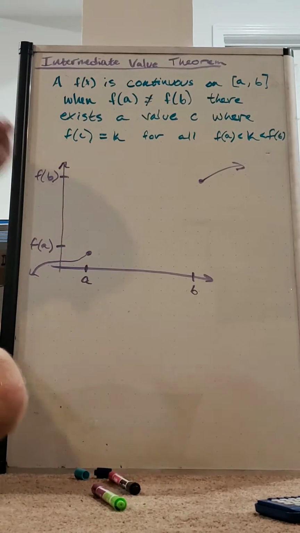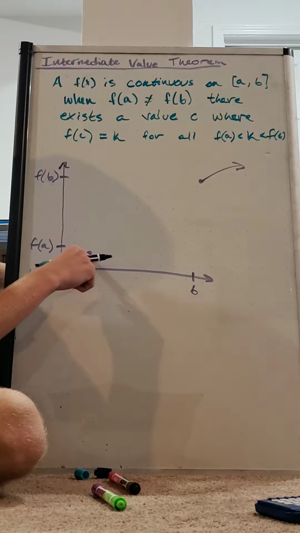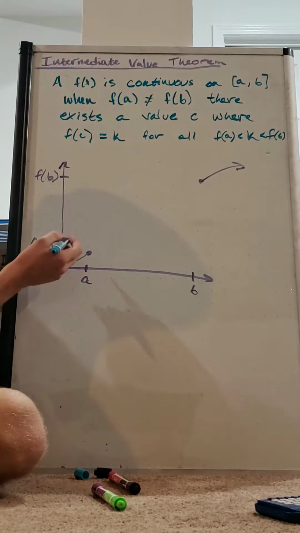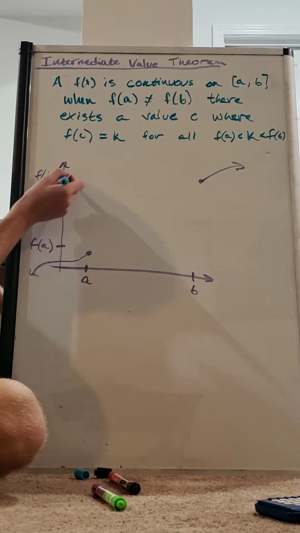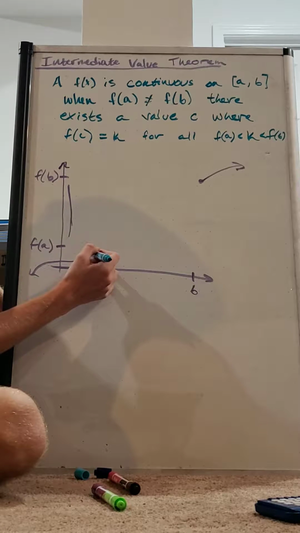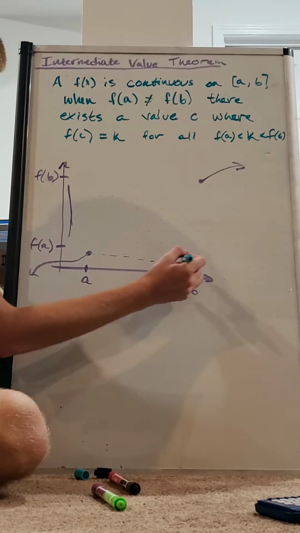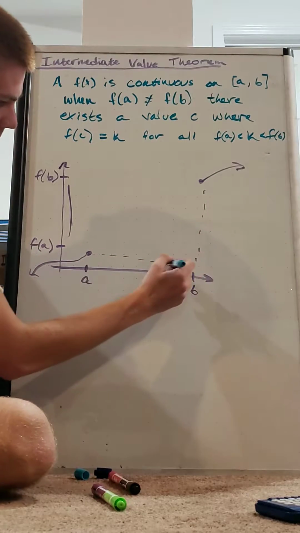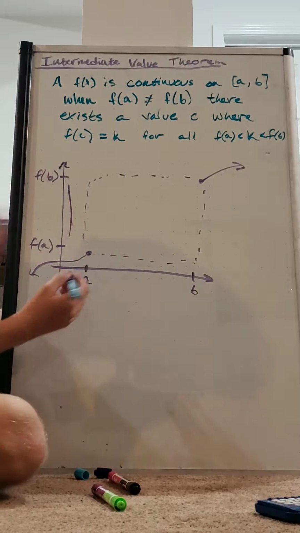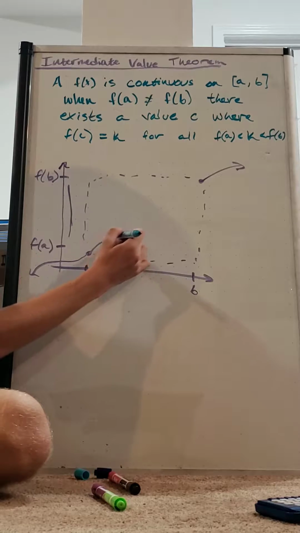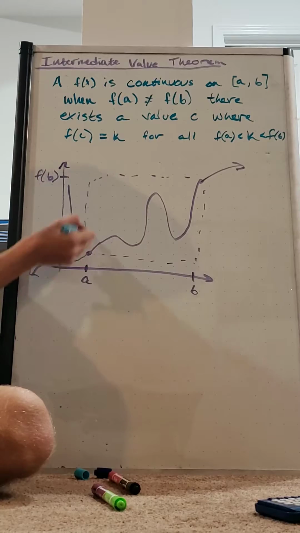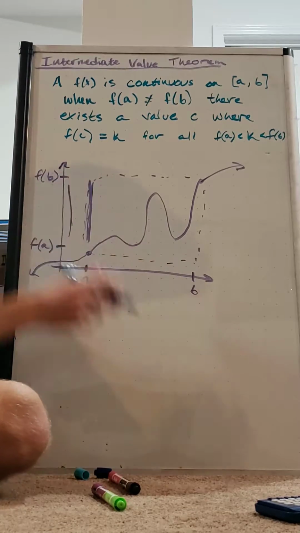So what this means is if a function has a point here and a point here and is continuous everywhere from a to b, that means every value from f of a to f of b, every value in here is accounted for between a and b. So I like to draw this little box. And to see this, that means you cannot draw any line, any type of function that doesn't connect these two dots and hit every value on here, right?